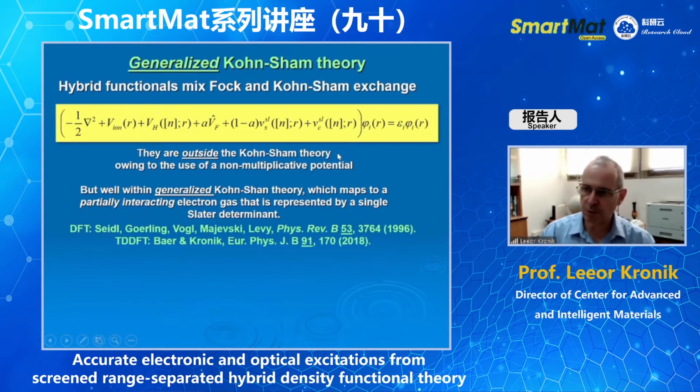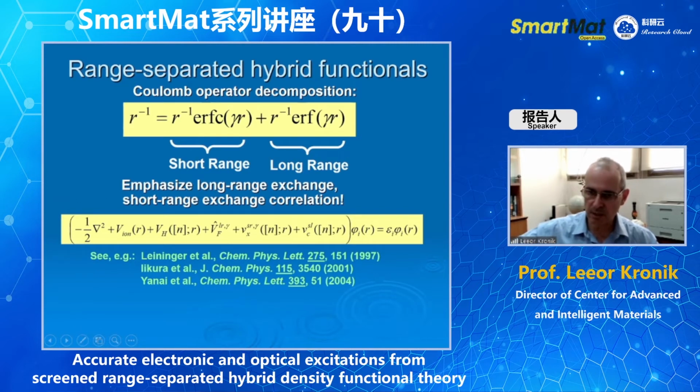Because if we're going to properly describe properties where we take an electron out of the system into infinity or bring in an electron from infinity back to our system, we need to have the asymptotic potential correctly, because that's the barrier that the electron feels in order to leave the system. So we treat this term with Fock exchange, we treat this term with a GGA exchange, and then we have a range-separated hybrid functional that has the correct asymptotic potential, but still balances exchange and correlation well.